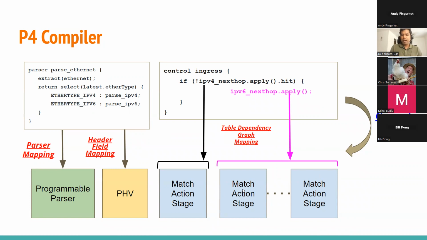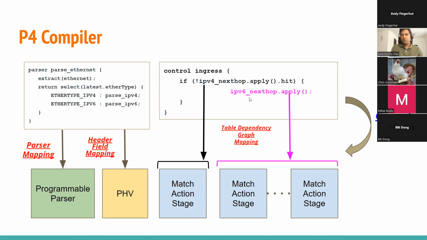In these match action stages, you have to implement the packet processing logic. For example, here we have a very simple packet processing program that checks whether the IPv4 table is matched successfully; if so, it will not execute this part, otherwise it will go to the IPv6 matching.